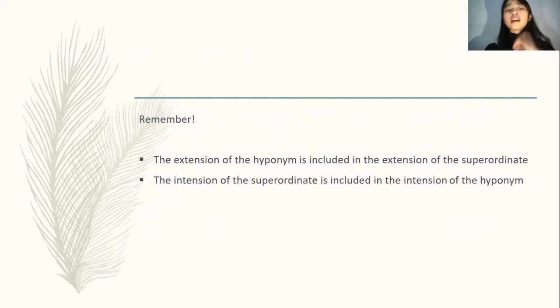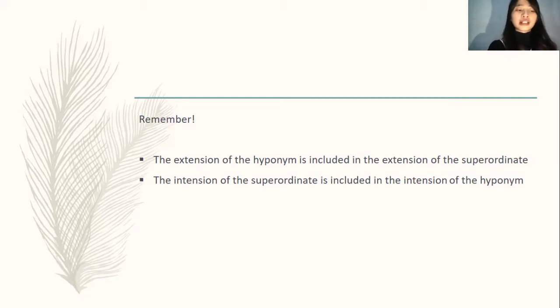Remember, the extension of a hyponym is included in the extension of the superordinate. For example, all collies are dogs because collie is a kind or type of dog. Second, the intention of the superordinate is included in the intention of the hyponym.